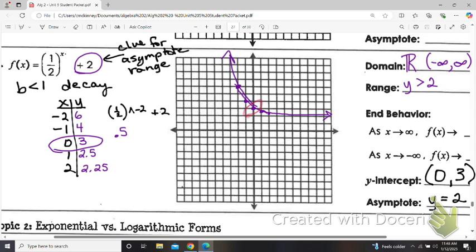So adding or subtracting something will change the range and the asymptote. And then another clue here is I changed the 1/2 to 0.5. Most of you would want to change 1/2 to 0.5, and that would give you decimals for your ordered pairs that you're trying to graph.